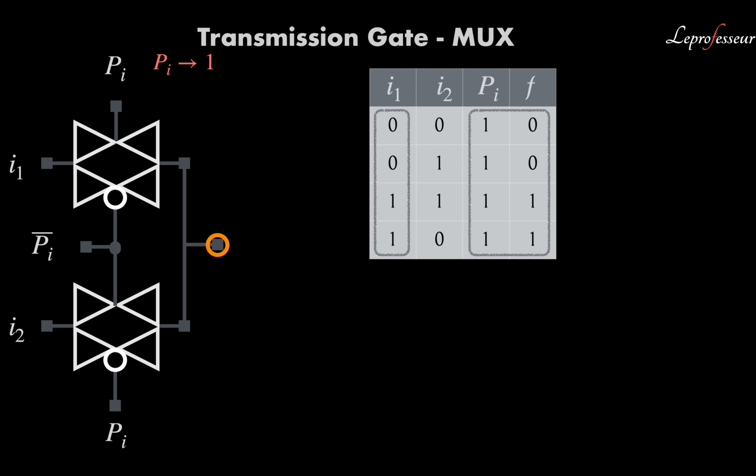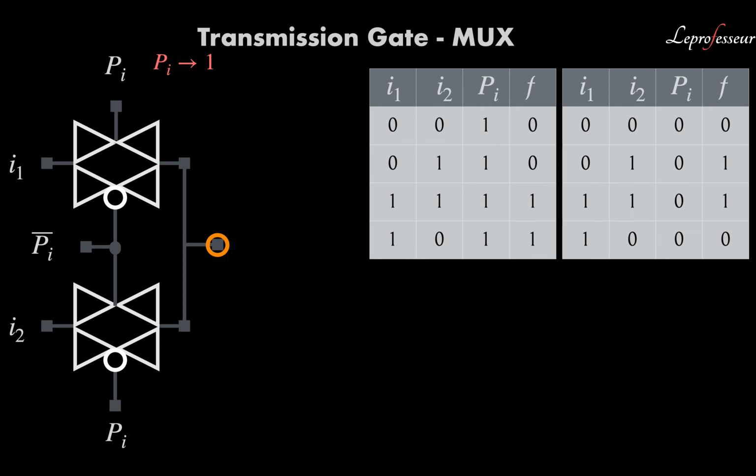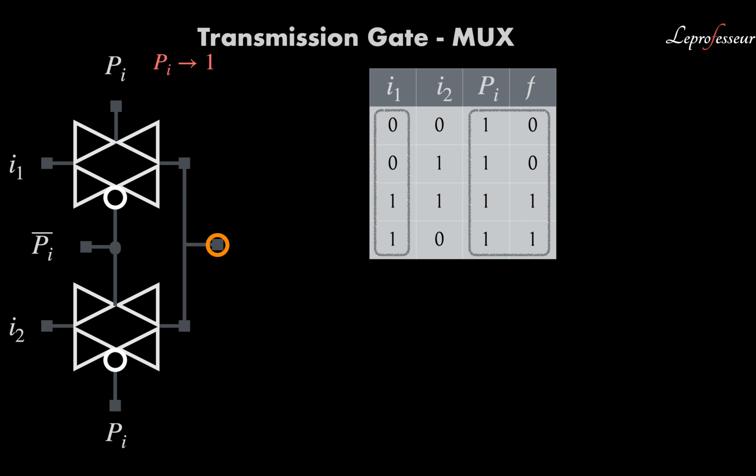Now let's look at the PMOS for driving the 1. What happens when PI is 1? In both cases, whether I1 is 0 or 1, when PI is 1, it's driven.